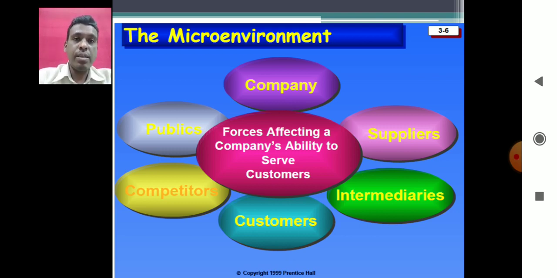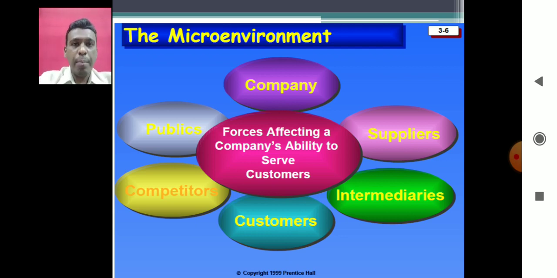The second one is suppliers, then we have intermediaries, then customers, competitors, and publics. So these are the six main factors that affect a company's ability to transact with its customers. Let us see this one by one. The first one is the company.